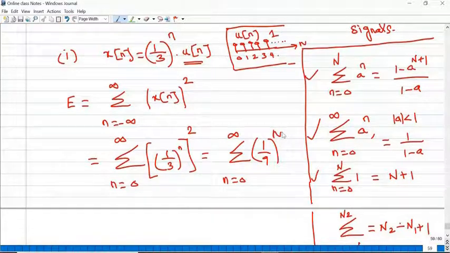I have the formula in the form of a power n only. Okay. So (1/3) power 2n, you will get.